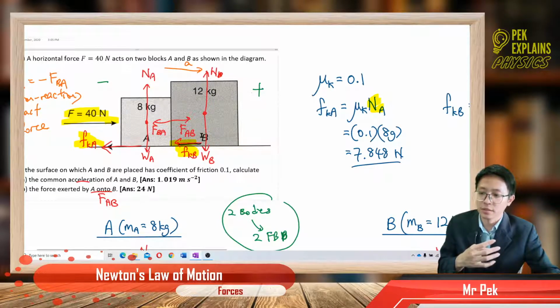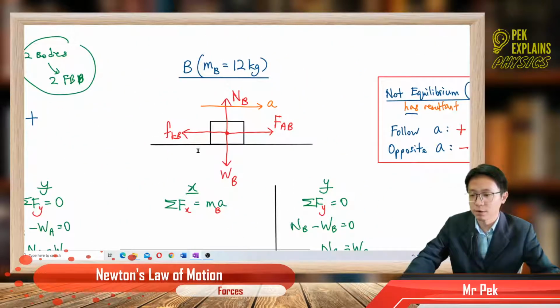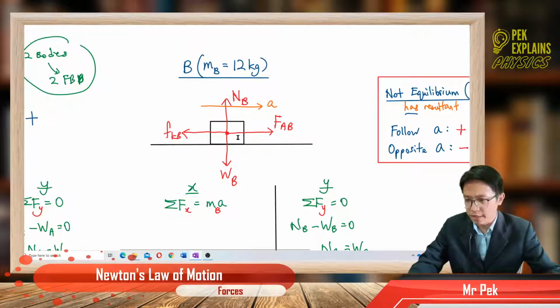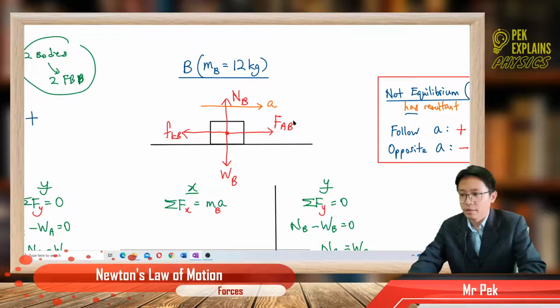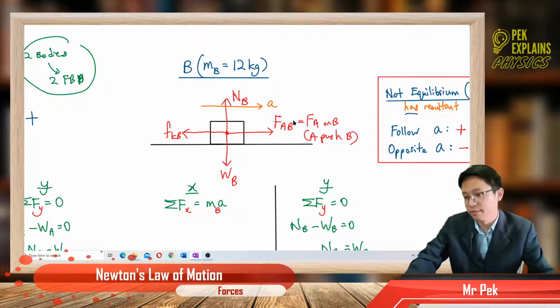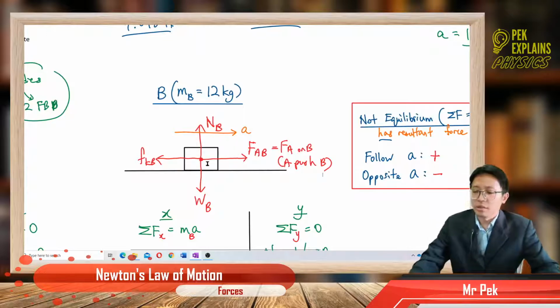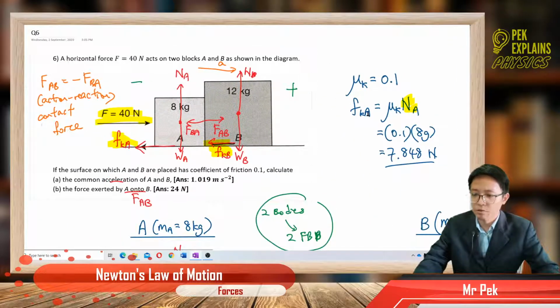This is the force FAB, the force from block A on B. So this is block B, and it experienced a pushing force from block A, which is FAB, FA on B. It means A pushes B to the right.